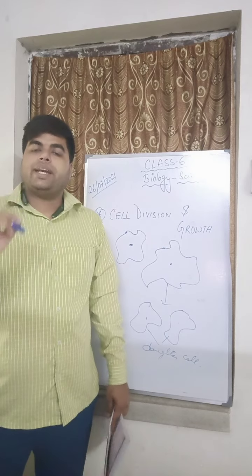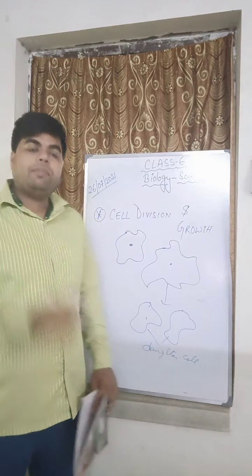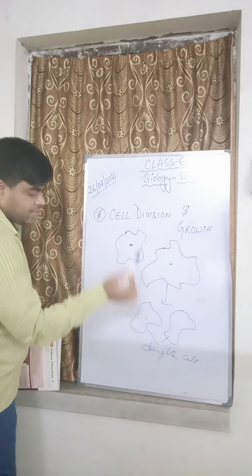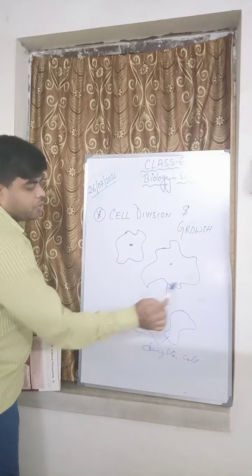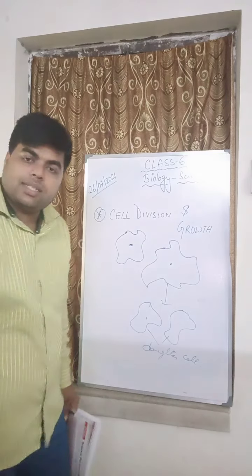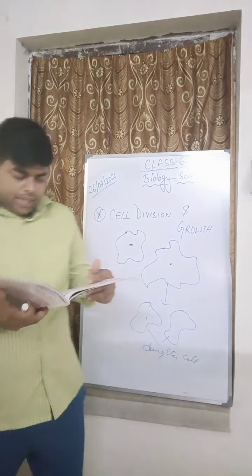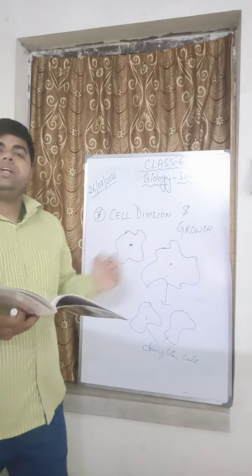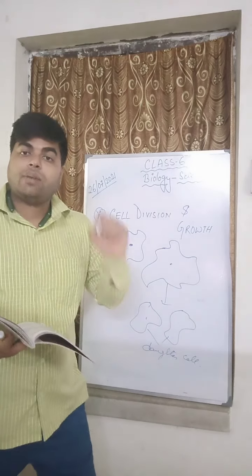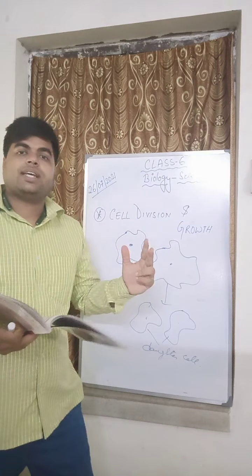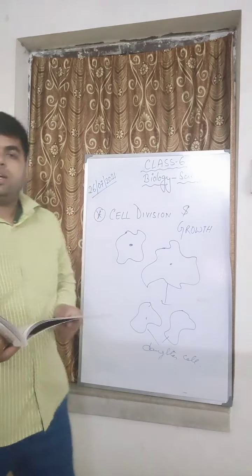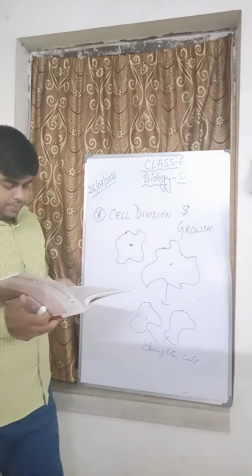Each genetic material will be present in both. If the cytoplasm is present in one, it will be present in the other cell also. That is why this is known as mitosis or equational division. Both cells will have the same and equal genetic material.